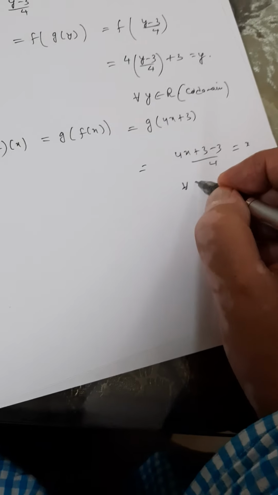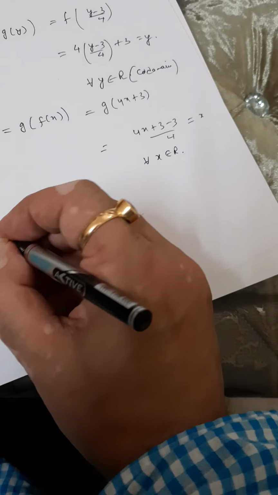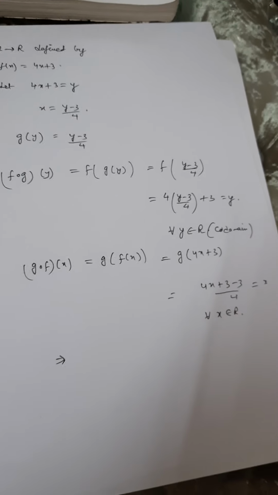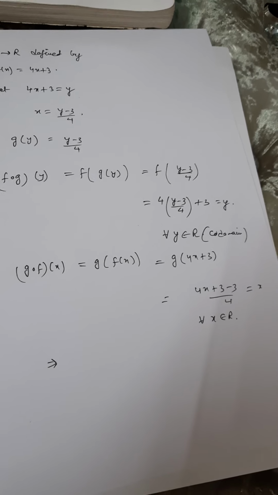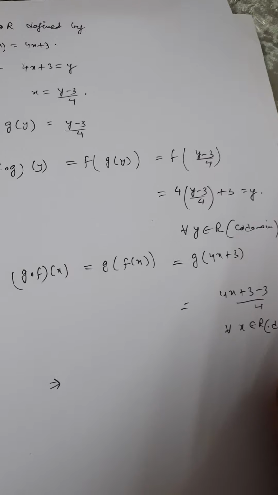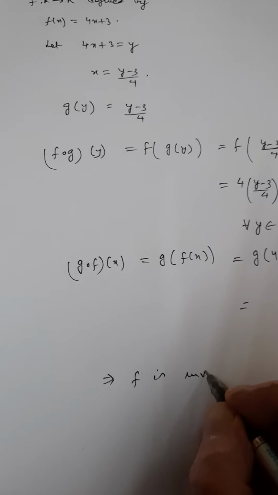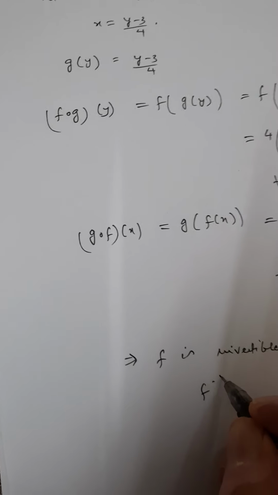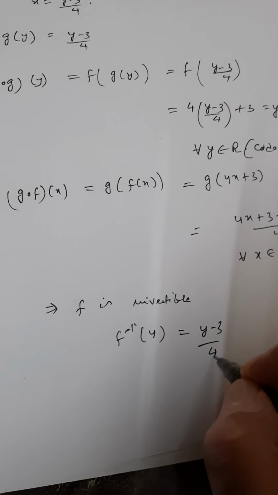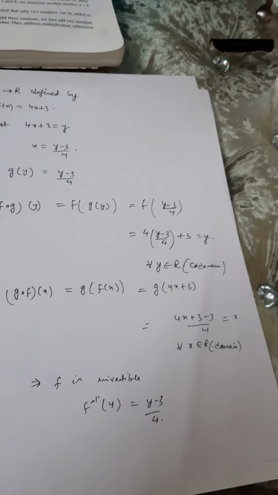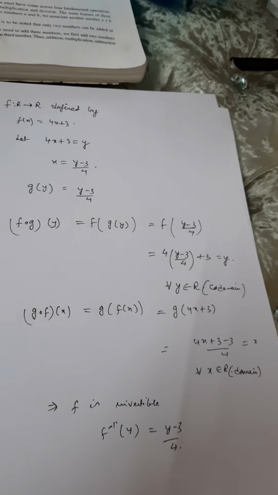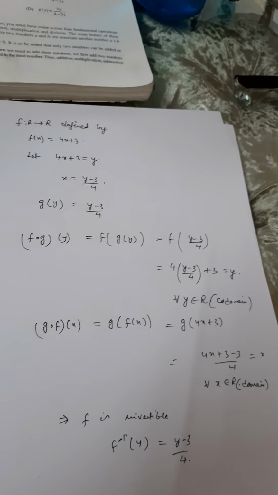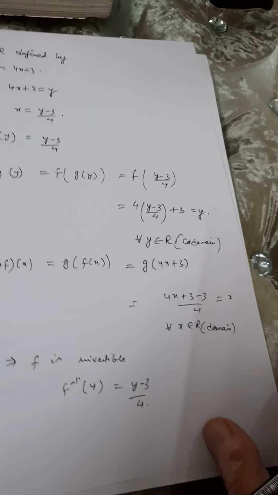This is x for all x in R. So here you can write fog of y is y and gof of x is x for all x in R and y in R, the codomain. So f is invertible, and you have directly f inverse of y is (y minus 3) by 4. So either you use the method of 1-1 and onto-ness, or you use this method. I will take up another question to show you both of the methods. At last you have to decide which method is easier.